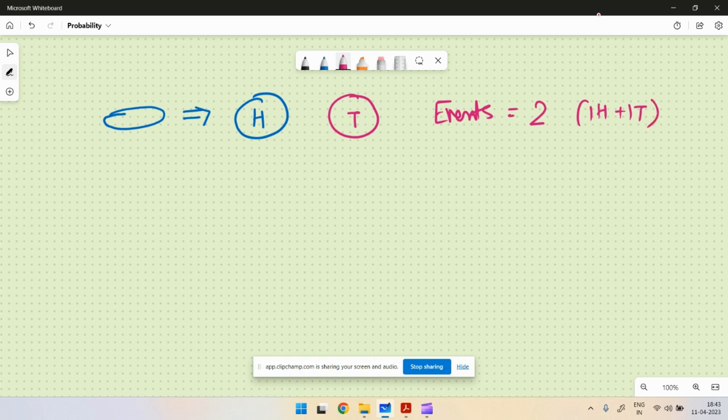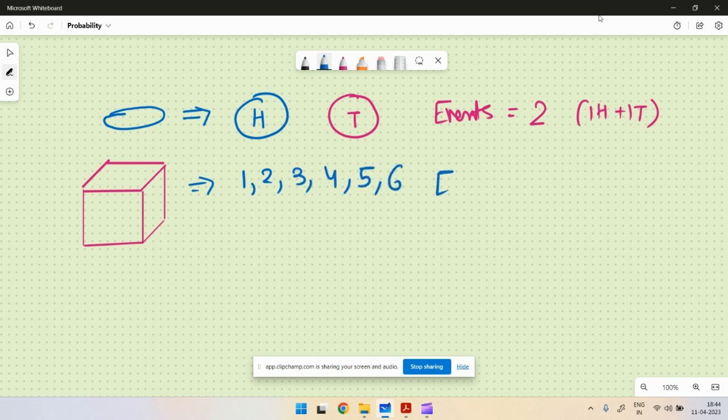The second is a dice. This is a dice. It has six sides, and you know that the outcomes will be either 1, 2, 3, 4, 5, or 6.